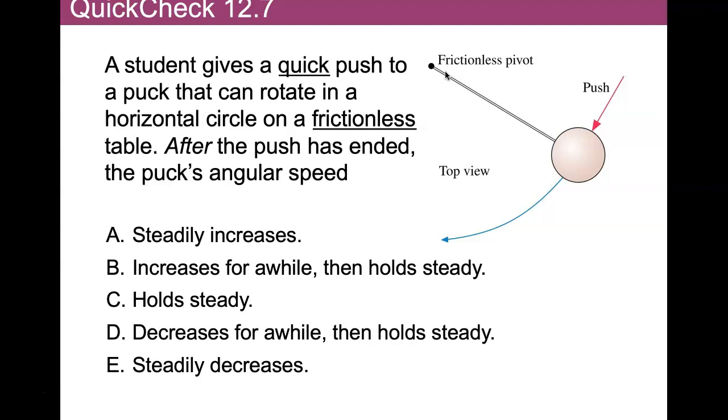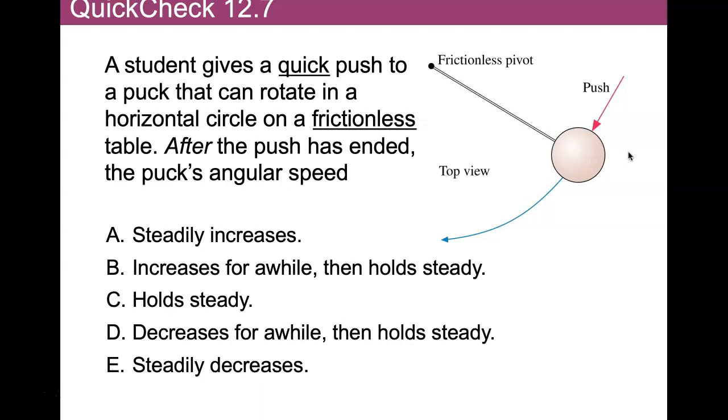The only force that's acting on this puck gives us 0 torque. Of course, going into the board there's gravity downward, and coming out of the board there's a normal force from the table, but those cancel out, and they're not going to cause rotation around this axis. They're parallel to the axis.